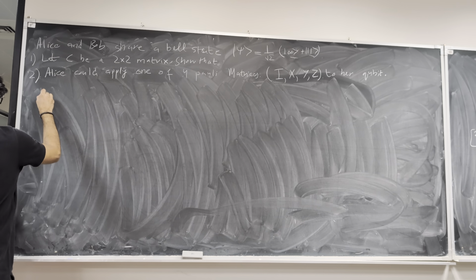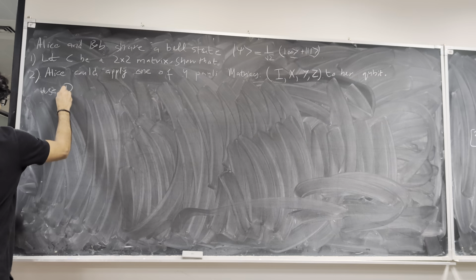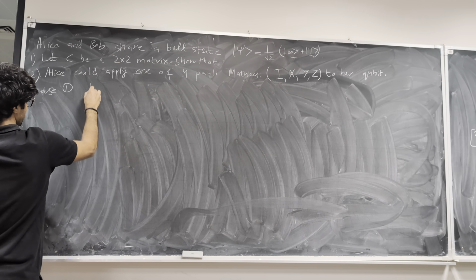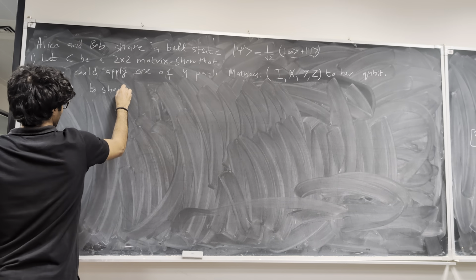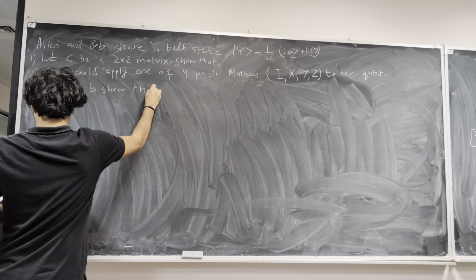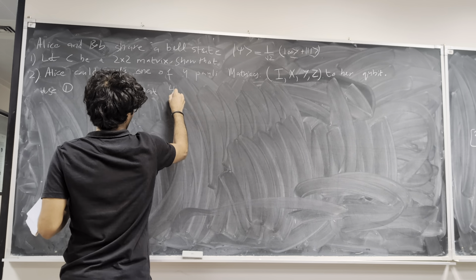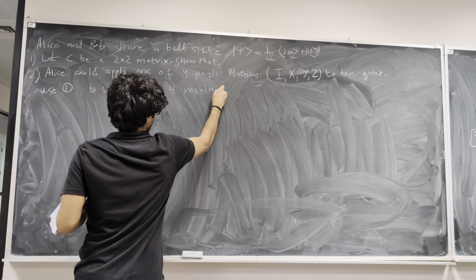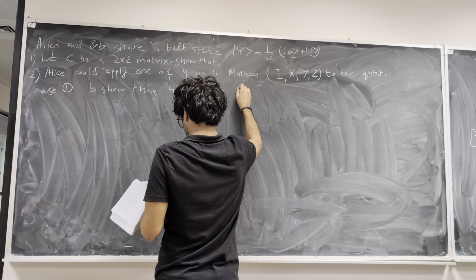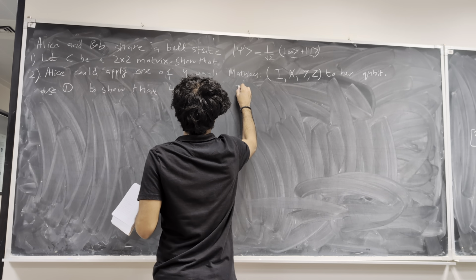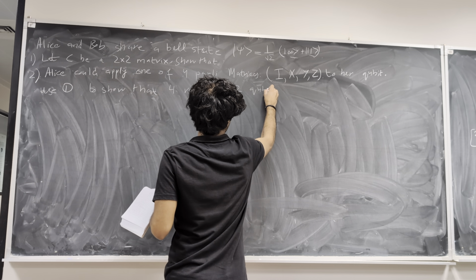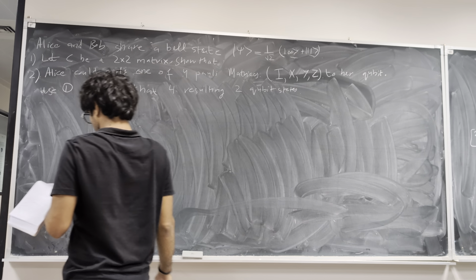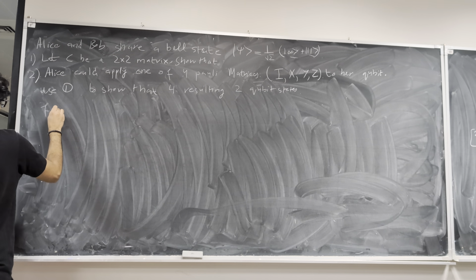Use part A, use 1, this thing, to show that the resulting two qubit states form an orthonormal set.